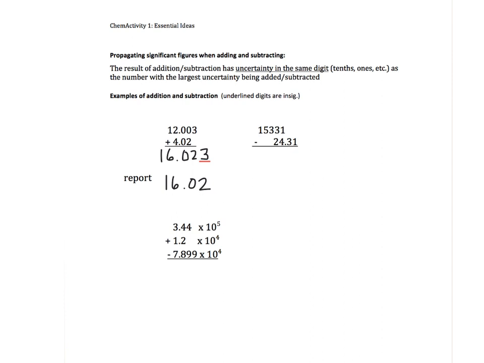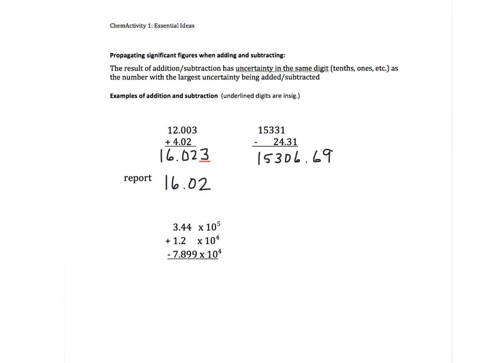We can do a similar process for this next example. So notice that in this example, we're subtracting one number from another, and the uncertainty in the first number is in the ones place. Here the uncertainty is in the hundredths place. So when I subtract the 24.31, the value that I end up with has to have uncertainty in the ones place. So let's see what that looks like. When I plug it into my calculator, this is what I get, 15306.69.